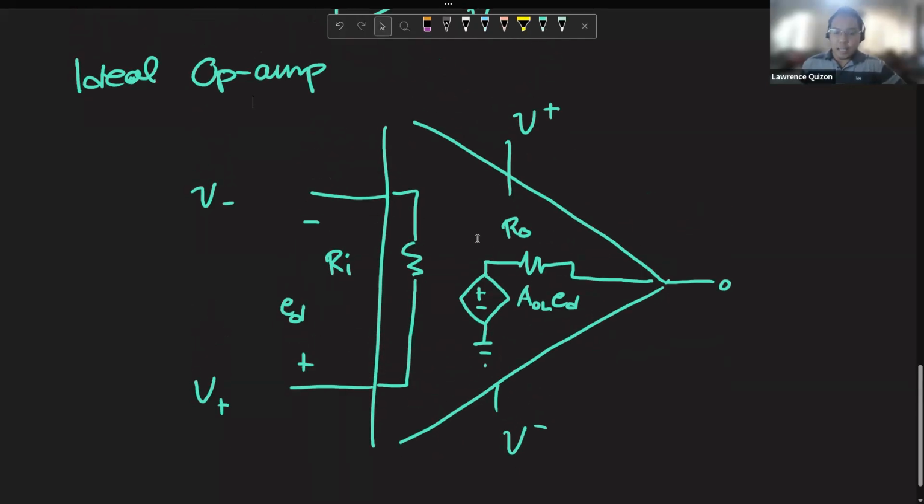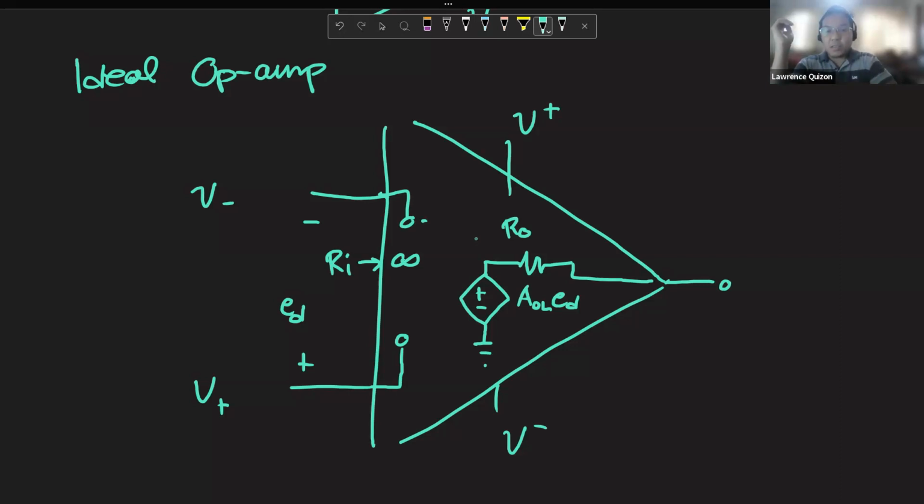So, the ideal op-amp involves a few things, no? So, tatanggalin natin tong resistor na to, and we'll say that approaches infinity, no? Essentially, there is no connection between the inverting input and the non-inverting input, no?